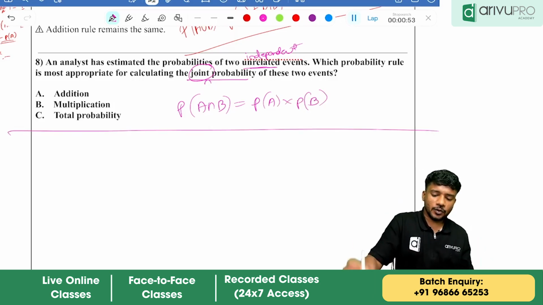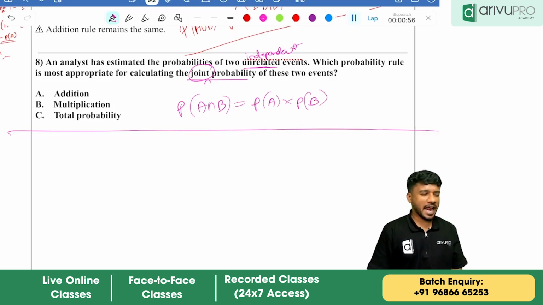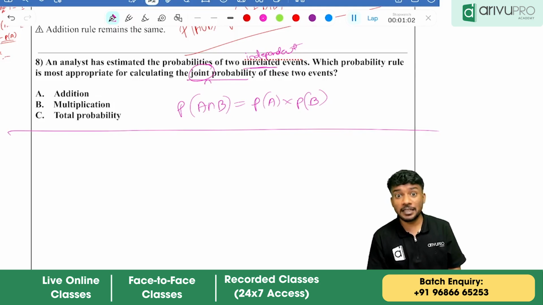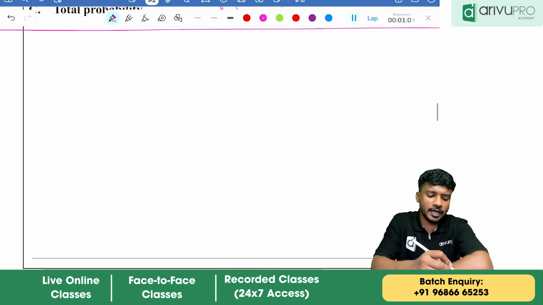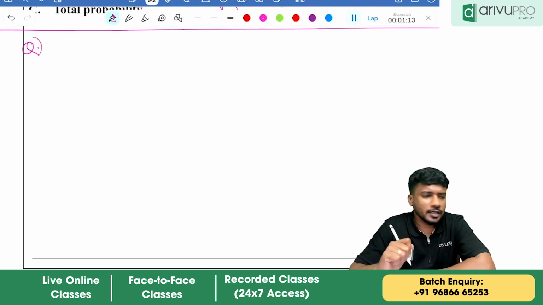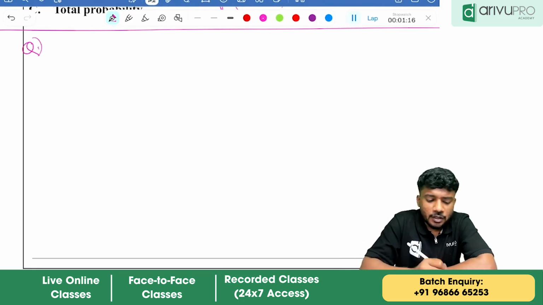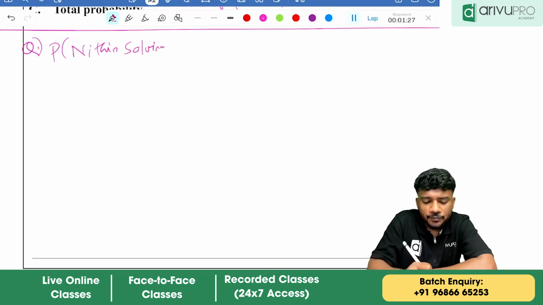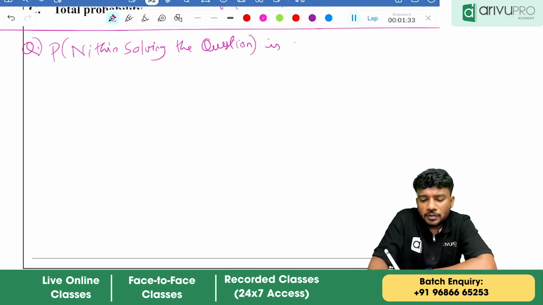Now, with this idea, I'll give you a random question. Without using a formula, how can we solve questions like this? When an independent event is involved in a condition-based question, how will we solve it? Two people are there in the class, so I'll construct a random question. Probability of Nithin solving the question is 0.7.